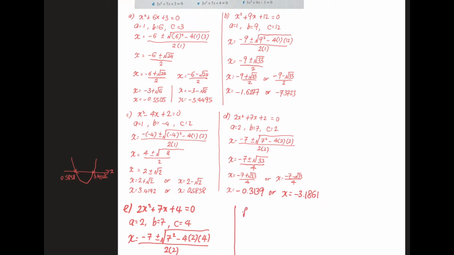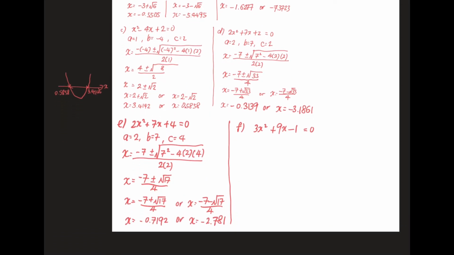Question F, 3x squared plus 9x minus 1 equal to 0. For this case, we can see A, B, C again. A is 3, the first number. B is 9, and C is negative 1. So again, we use the formula: minus B plus minus square root of B squared minus 4AC over 2A.